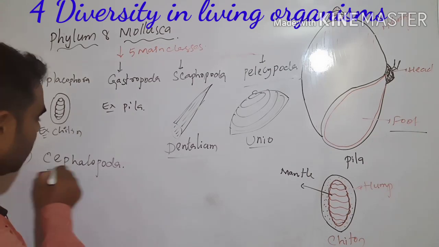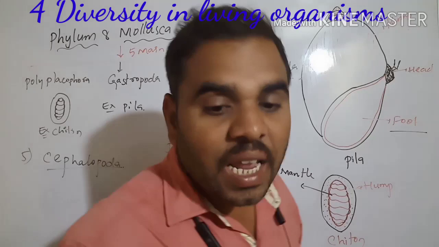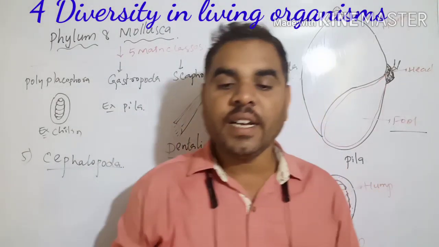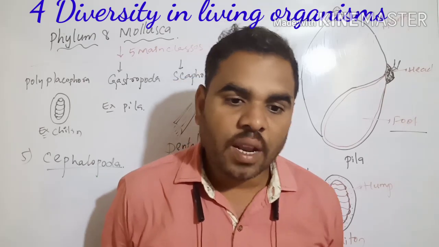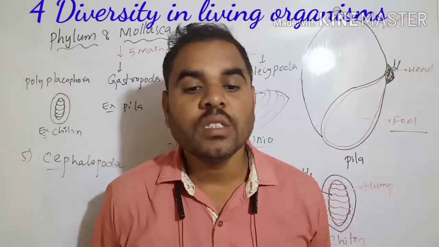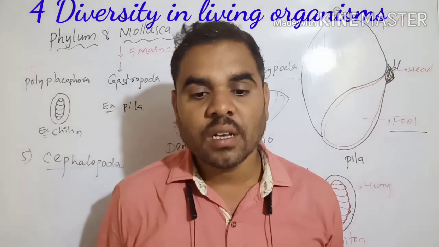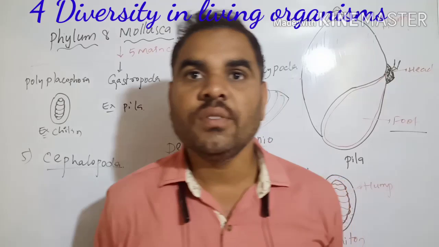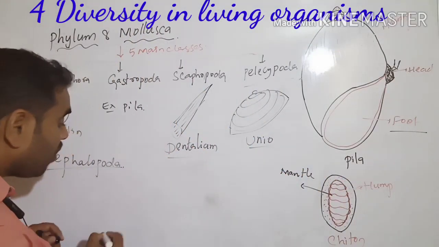Next we have to see Cephalopoda. What is Cephalopoda? Shell external and internal are absent. Foot is altered into a series of sucker-bearing arms and tentacles. Tentacles are present in octopus.